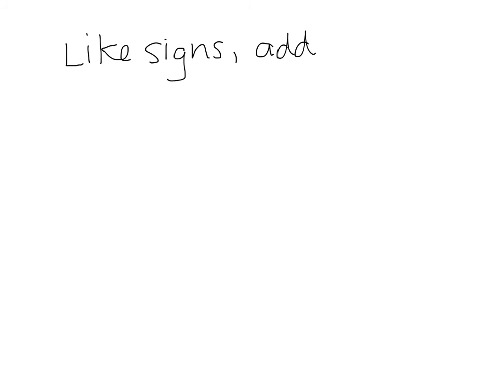What we have discovered is that when we have like signs, in other words, they're all the same, we simply add. And if they're all negative, the sign is negative, okay? With unlike signs, we subtract.